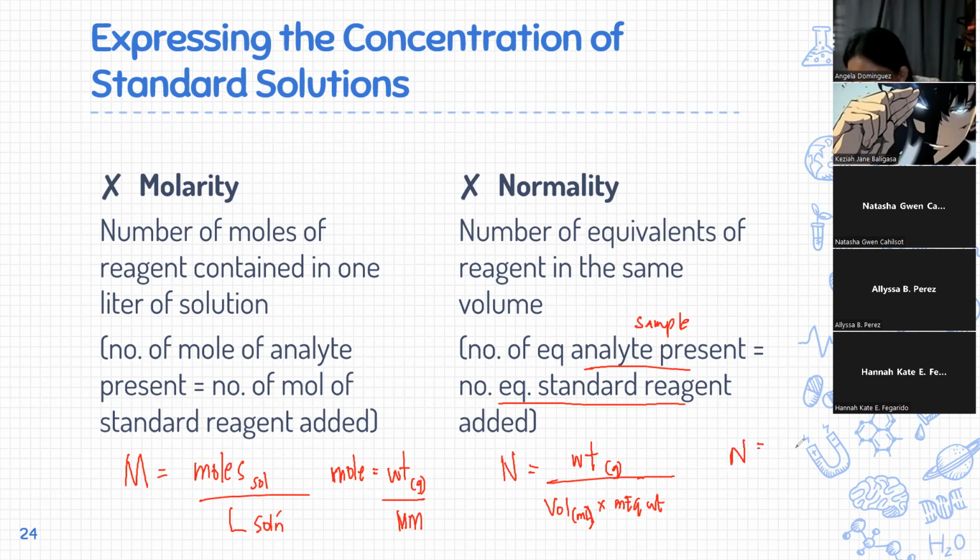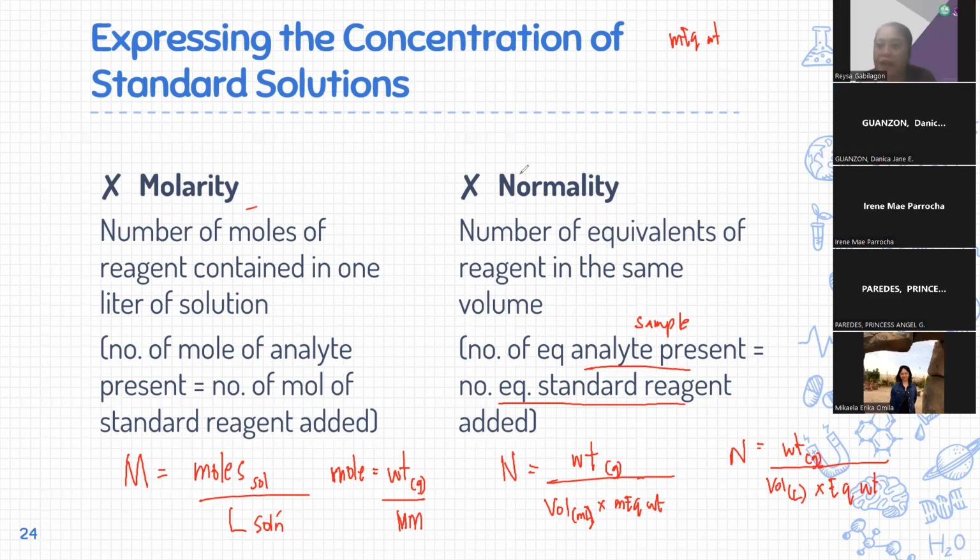But if the volume is in liters, with the weight still in grams, you have to use the equivalent weight. Okay? So, in computing the milliequivalent weight, let me first go back over all of our formulas before we proceed to our computation, so that we can go straight into the computation.